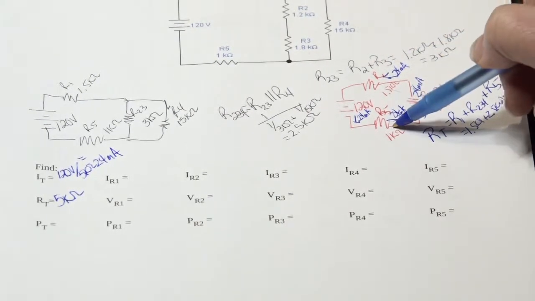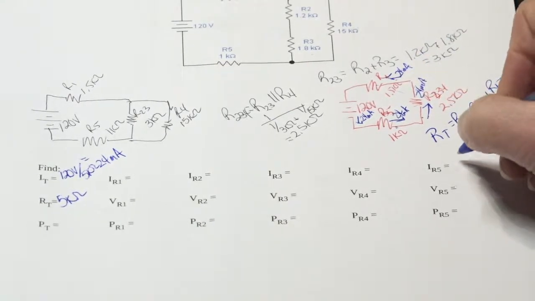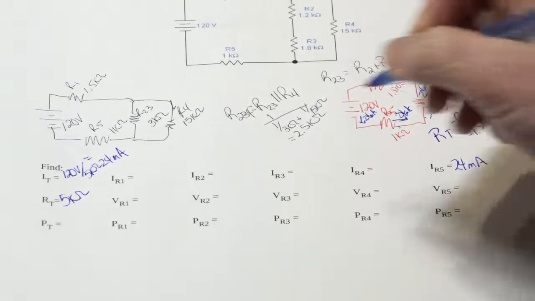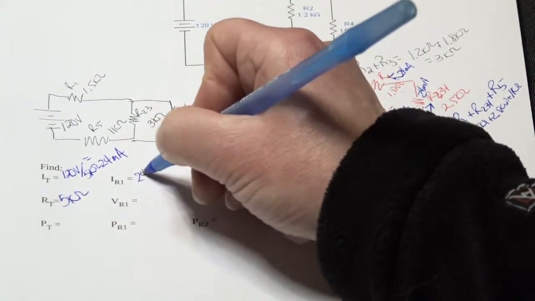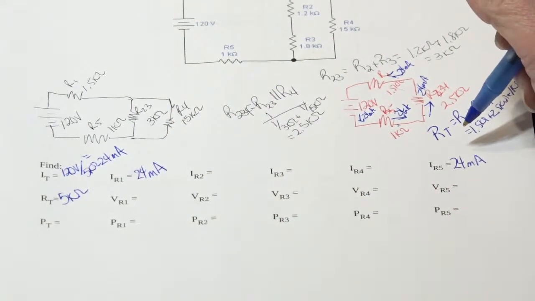So we can say, well, R5 is sitting by itself. R1 is sitting by itself. So I can now say I've got 24 milliamps here and 24 milliamps here. And I can apply Ohm's law to find the voltage.